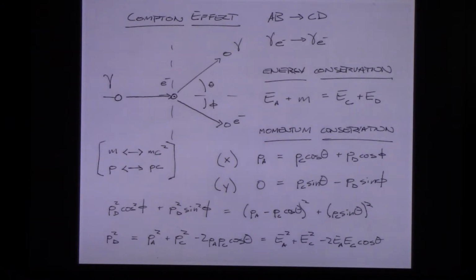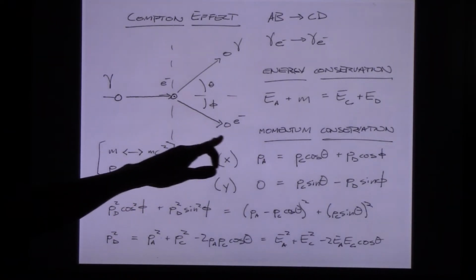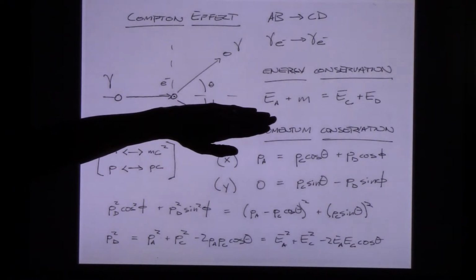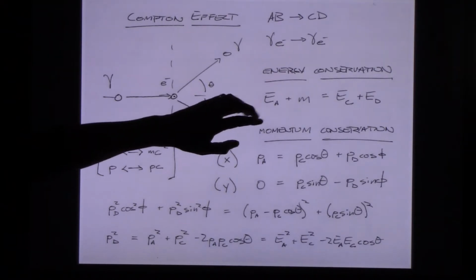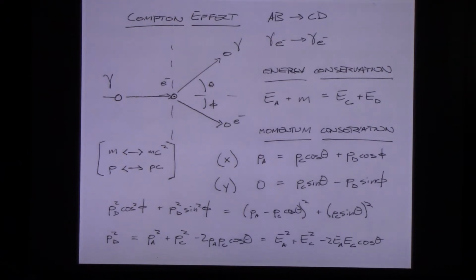So let's do this. There's a number of ways we could proceed. It turns out a traditional way to solve for the Compton effect formulas is to eliminate all of the momentum and energy values of the electron. So we want to remove these from the equation and concentrate on the energy of the photon leaving the reaction. That's what we're going to solve for. So what I can do is this.